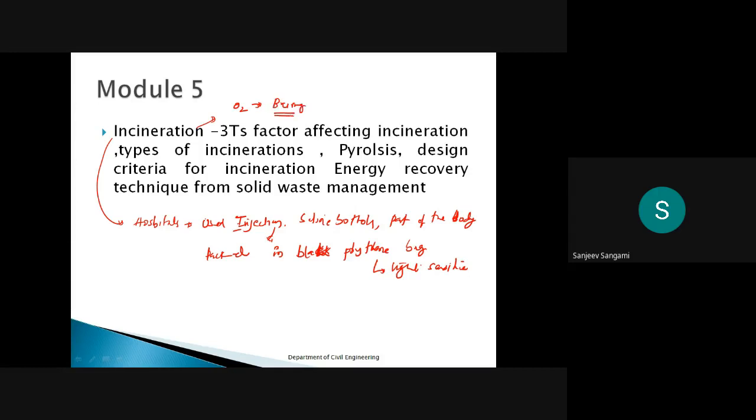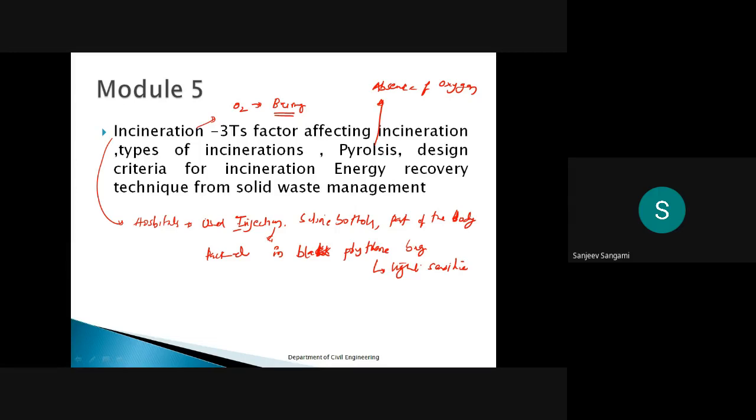But sometimes we can burn in the absence of oxygen also. That we normally call pyrolysis. Pyrolysis stands for the burning of waste material in the absence of oxygen.